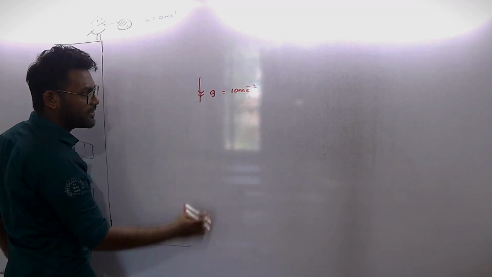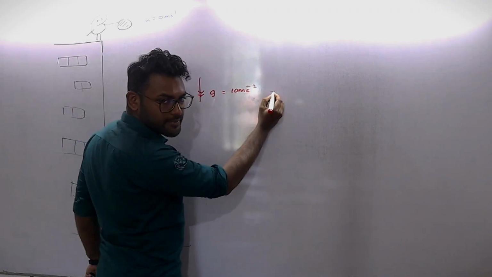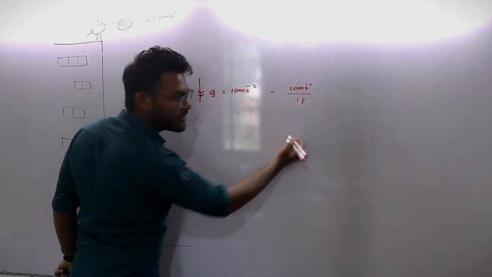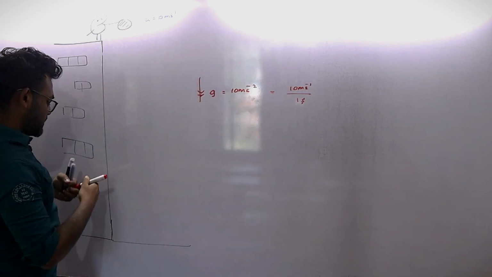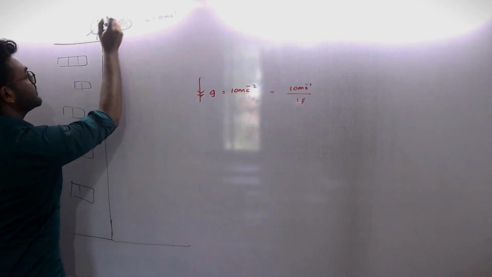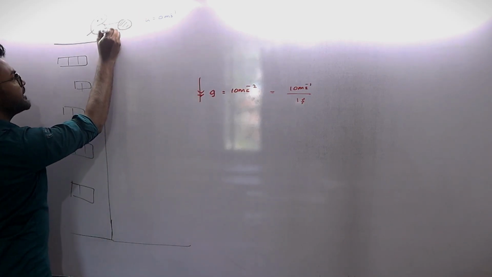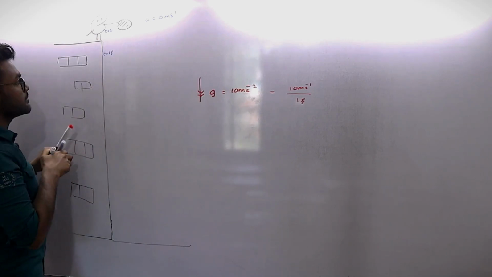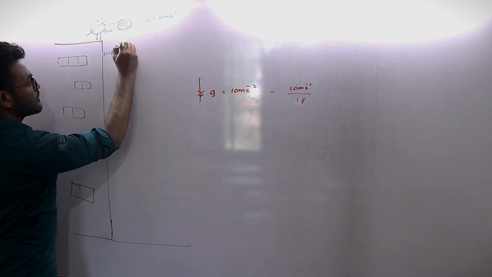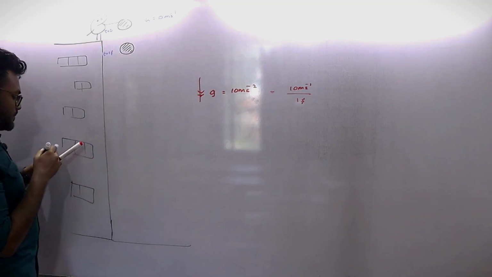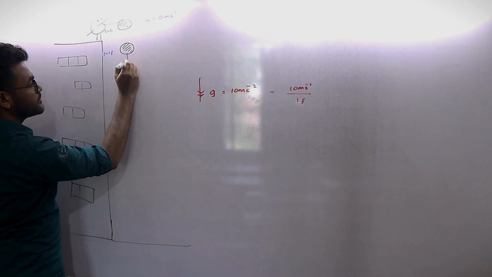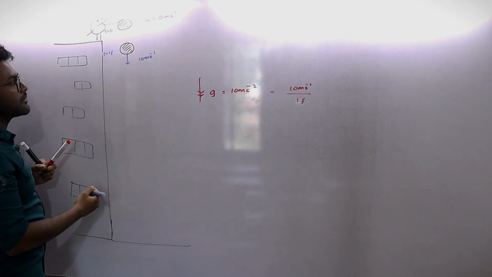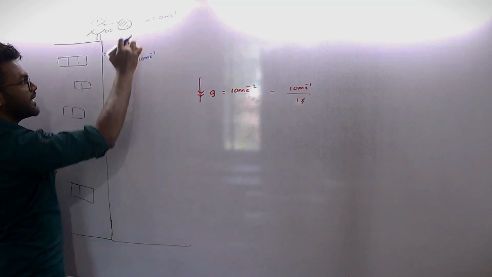What's the overall idea of 10 meters per square second? That's very easy. That's 10 meters per second in each and every 1 second. Which means if the time here is t equals 0, what if we have t equals 1? The object is supposed to be here with the velocity of 10 meters per second. Each and every second the velocity is adding by 10.